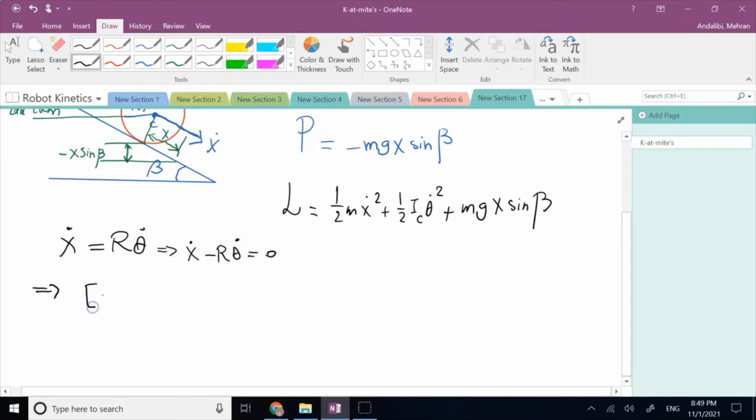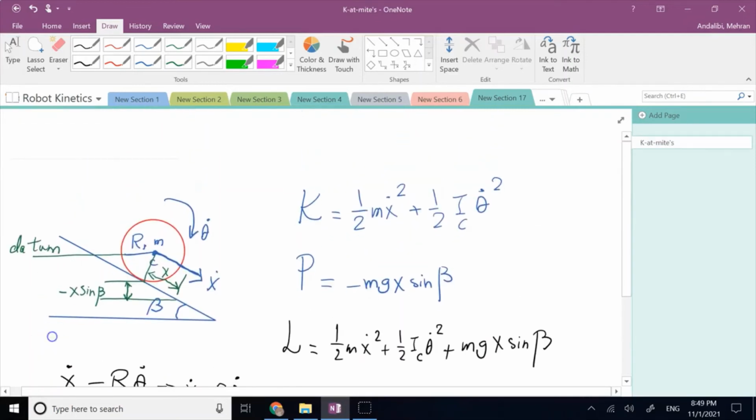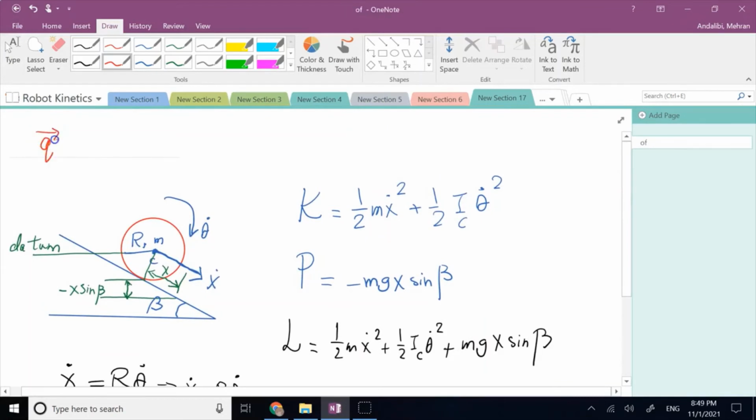And this can be written as [1, negative r] times [x dot, theta dot] equal to 0. Clearly, this is your vector q dot, and so this is going to be your C of q. And you only have one constraint. You have two q's in this case, correct? It is x and theta.